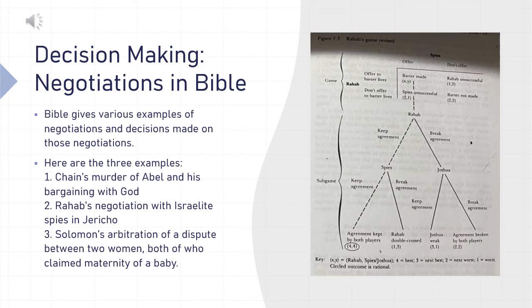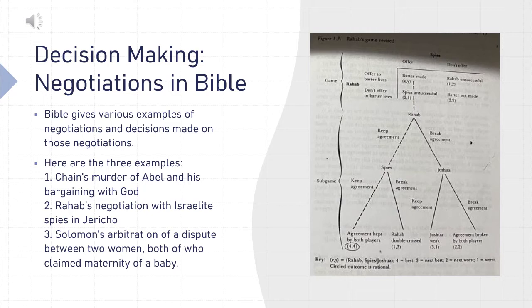However, in the third case, to bring out the truth, the king ordered to kill the baby to see which mother was baffled more. Obviously, the mother who was truly the baby's mother would be baffled more, and she agreed to give the baby to the other lady in order to save the baby.